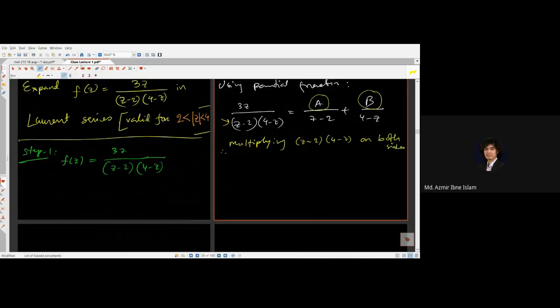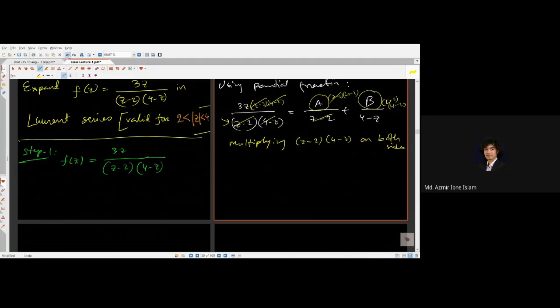If we multiply this here, (z - 2)(4 - z) with (z - 2)(4 - z), this part will be cancelled. Here (z - 2) will be cancelled, and here (4 - z) will be cancelled.